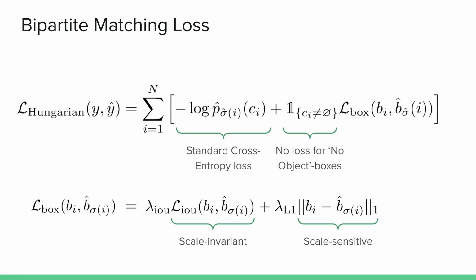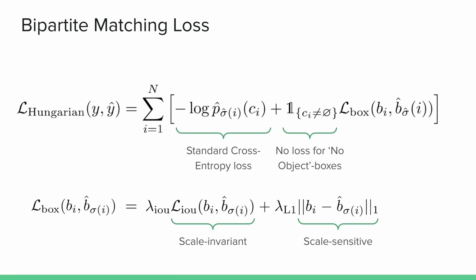But they say, well, maybe this scale invariant thing might be helpful, but we should also take the scale into account, because for smaller objects or for bigger objects, this intersection over union can be unfair. If you have a large object that is slightly shifted to a different location, it would get a quite high penalty from the intersection over union loss.